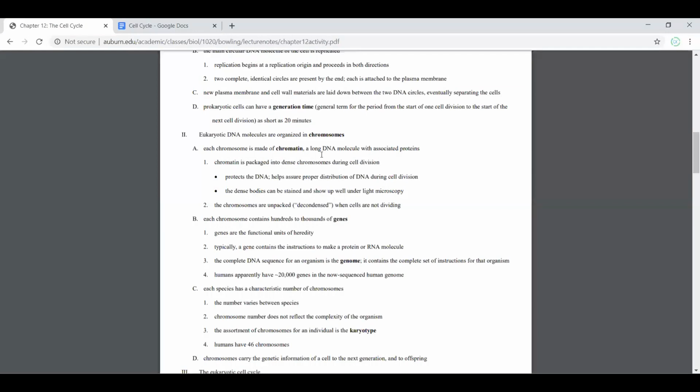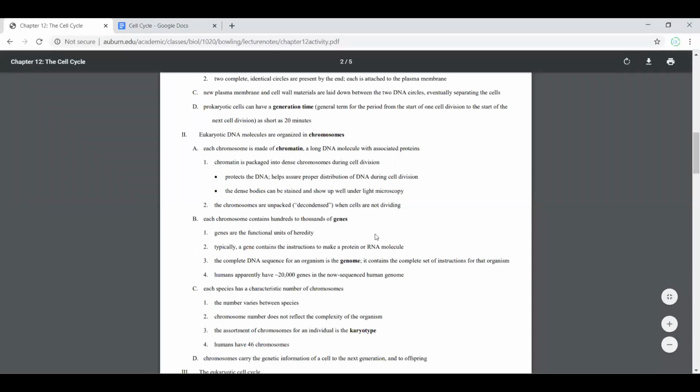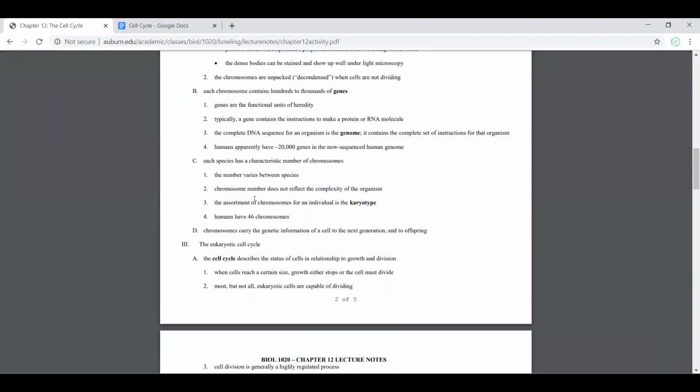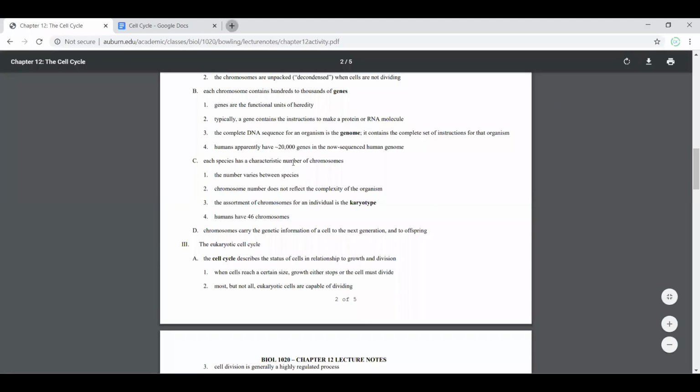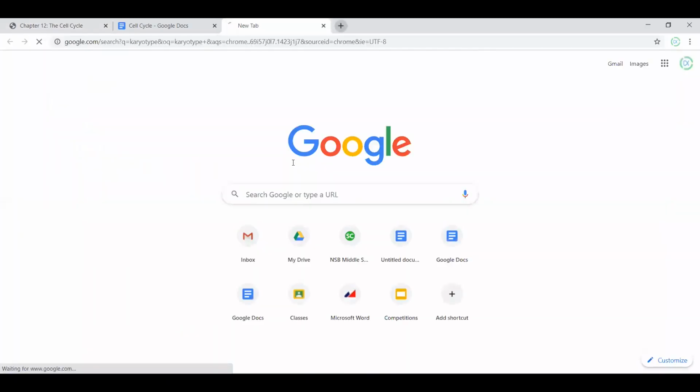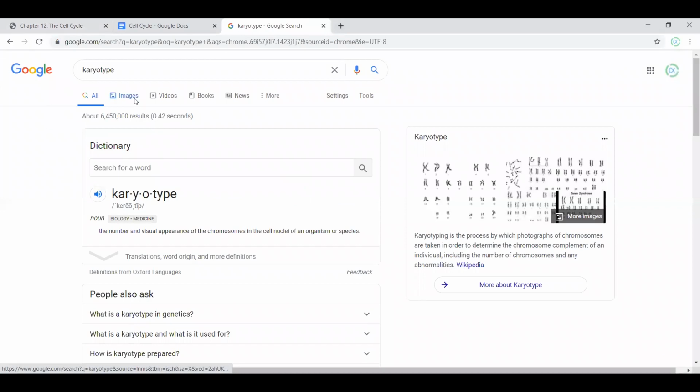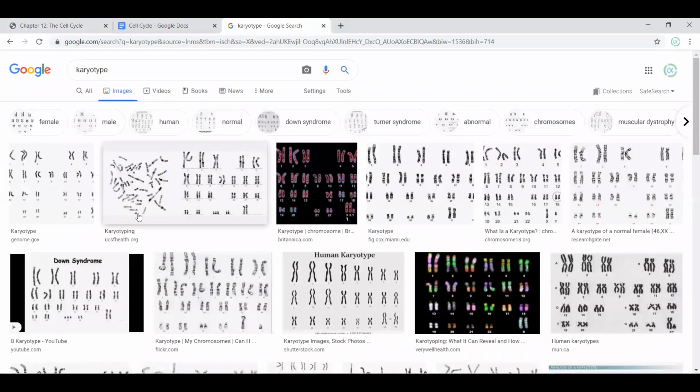So as we said, each chromosome contains hundreds of genes, and the assortment of chromosomes for an individual is the karyotype. So I'll just show you what a karyotype looks like. This is what a karyotype looks like.